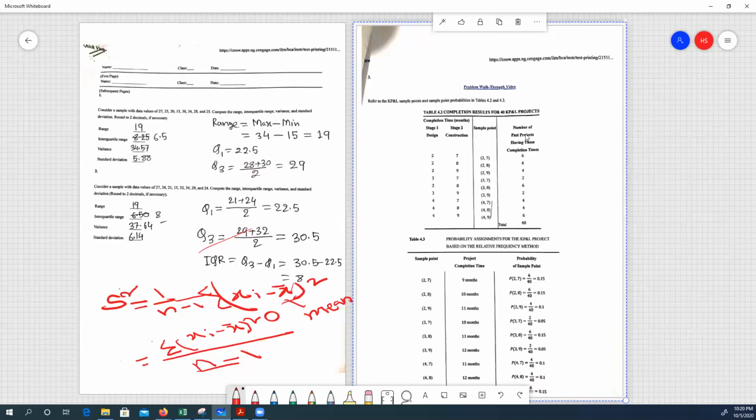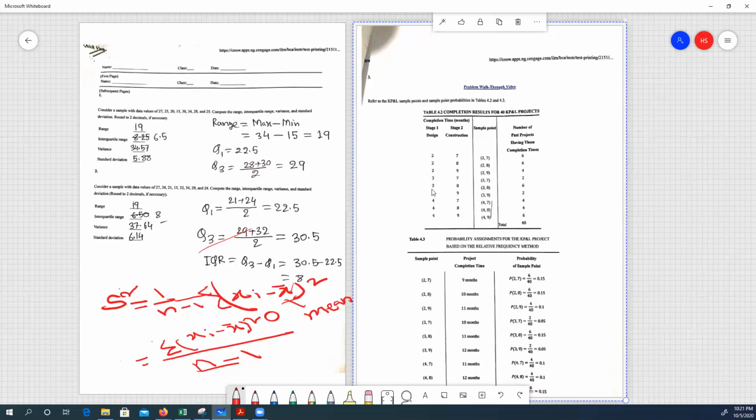That's the number of past projects having these completion times. That means out of 40 projects, 6 projects required 2 months for the first stage and 7 months for the second stage. Similarly, for the second sample point, we have 6 projects, and the total number of projects is 40.